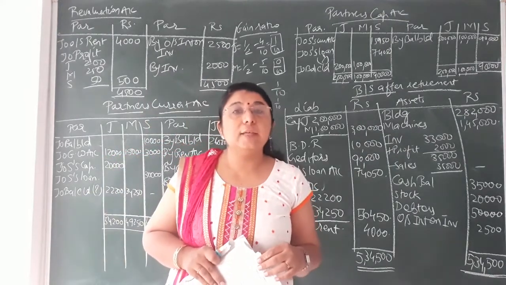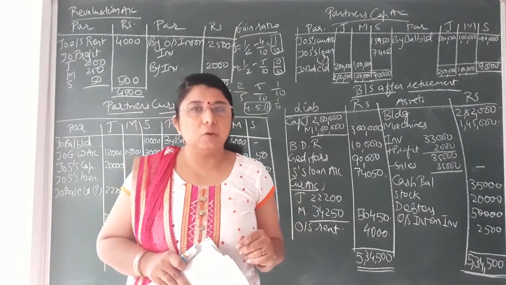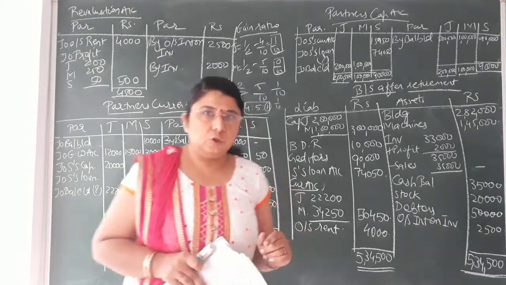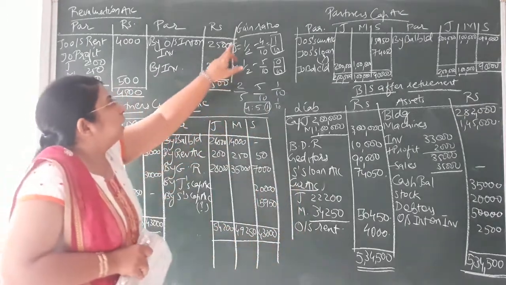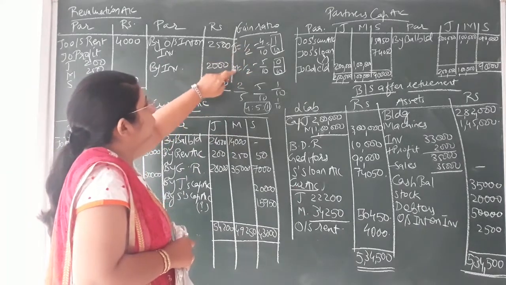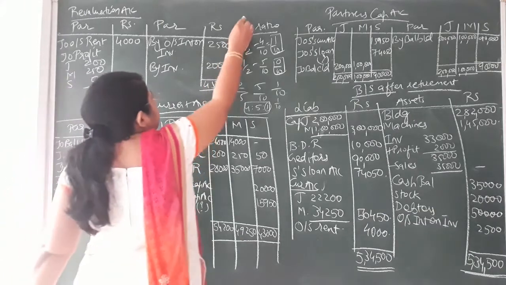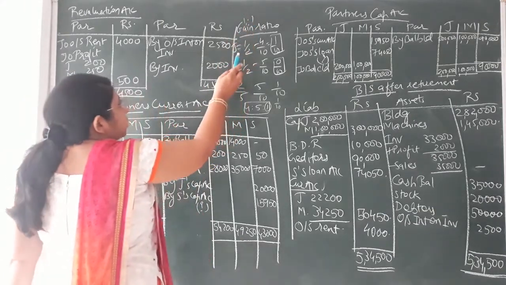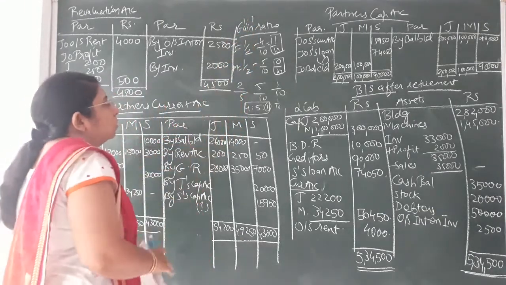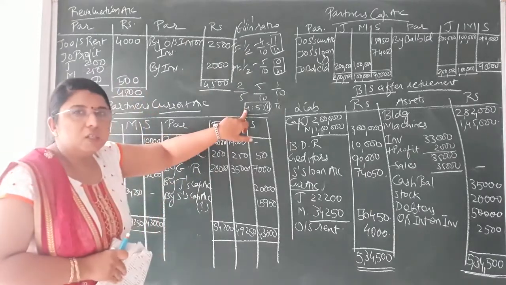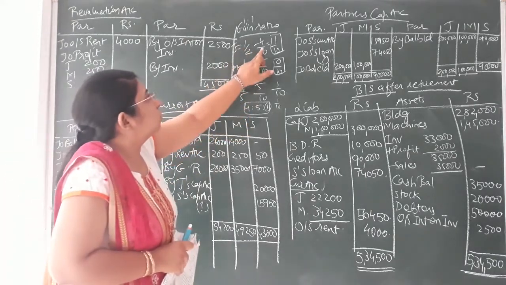Now that goodwill is to be distributed amongst the continuing partners in their gaining ratio. So you can see I have calculated the gaining ratio over here, that is the gaining ratio of Jaya and Mamta. For Jaya, the new share, that is 1:1, is already given in the question in the last adjustment. So 1 by 2 minus the old share that we have found out, that is 4 by 10. So 1 by 2 minus 4 by 10.